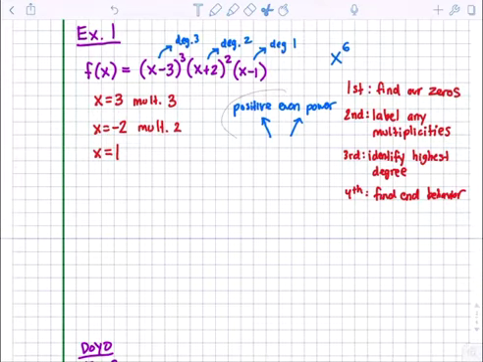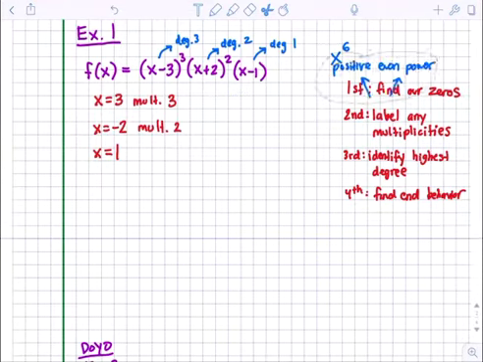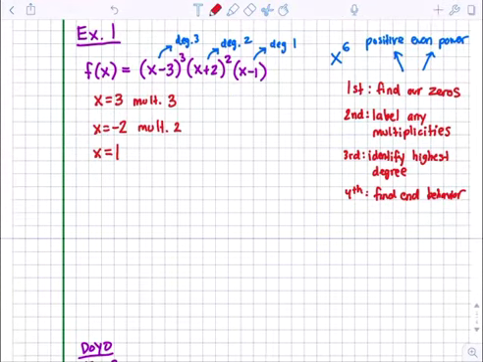And I forgot to mention this, but if it's multiplicity 3, you know it's going to slide. If it's multiplicity of 2, you know it's going to bounce. And you know if it's multiplicity of 1, it's going to cross. So this is all of the information you guys need in order to graph our polynomials. Now we will graph.